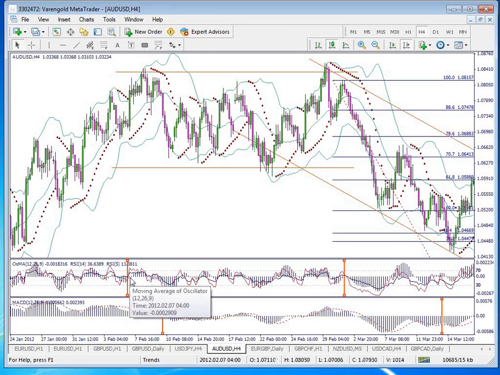So after the first, here it was one signal for sell into the daily chart. Into the 4-hour chart, very soon after that signal on daily, I have one signal here for sell too. So I will mark this one.